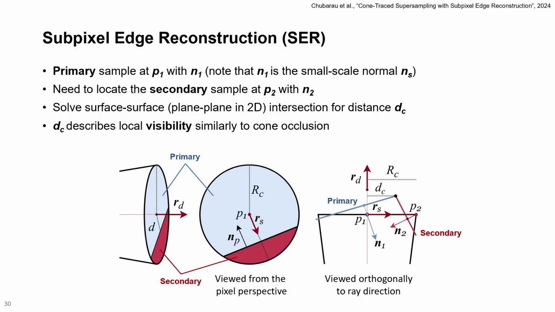The two surfaces are modeled once again as two lines which we can intersect, and once we compute that intersection, we can get the visibility of each one of these surfaces. This setup follows the same exact logic as we applied with CTSS, where we have our cone occlusion, except here we have this intersection point that controls the visibility of the two sides.